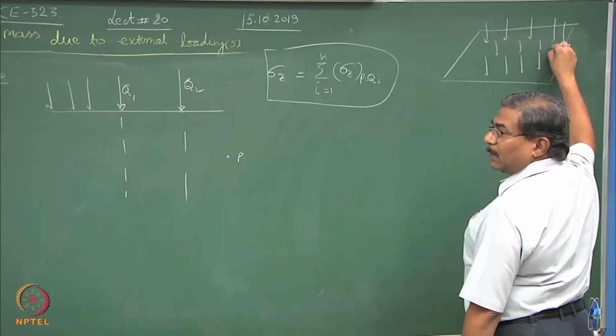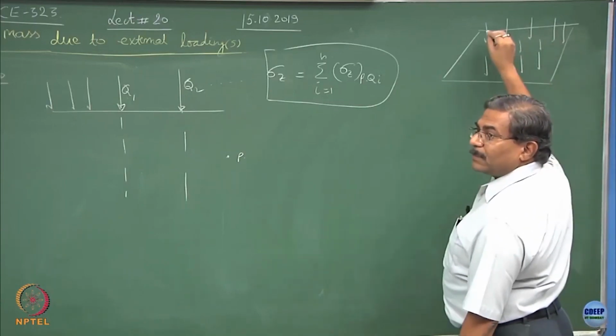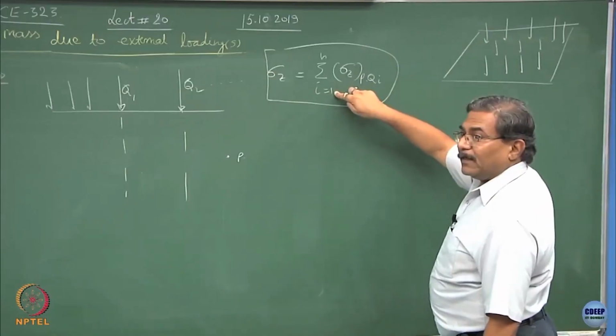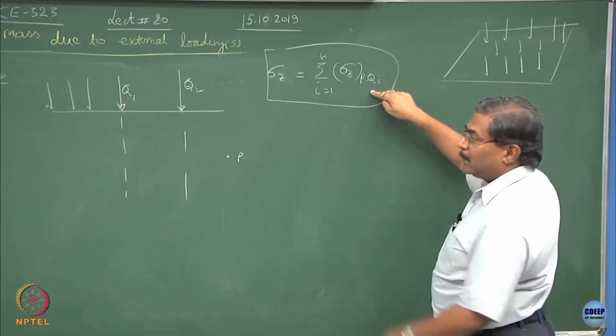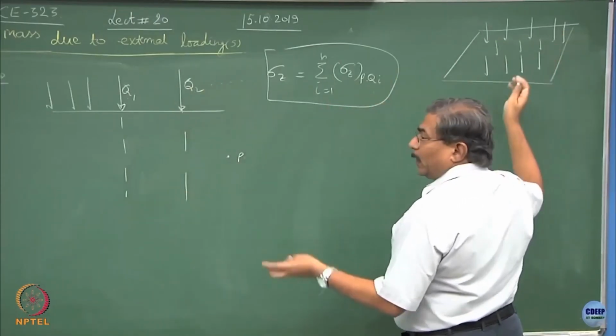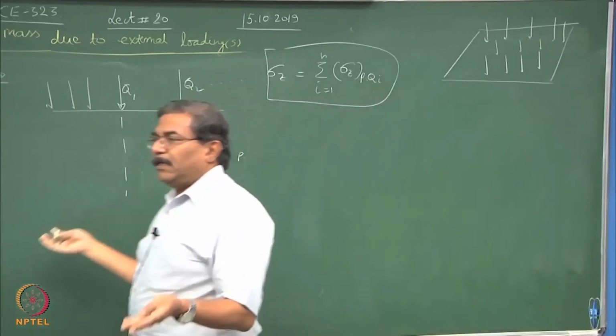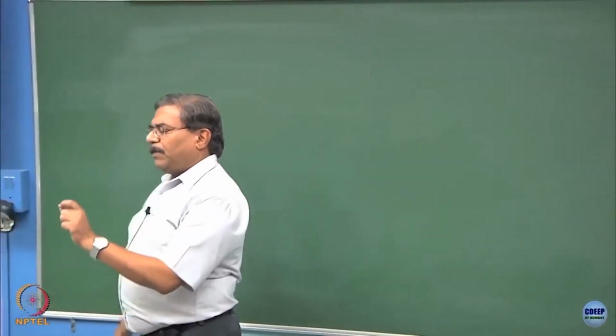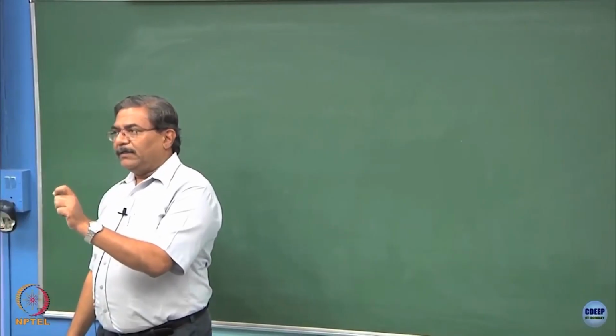Now, if I integrate on the surface, this is the integration over the line. Now, if I integrate over the surface, this is going to give me the net effect of a loaded area of certain area of cross section. So, very simply I have converted the context of the situation.